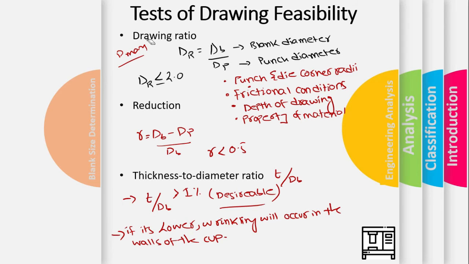The same case here: these three factors are for a single step. In a single step of drawing the drawing ratio shouldn't be more than 2, the reduction ratio should be less than 0.5, and the thickness to diameter ratio should be greater than 1%. If we desire a product which exceeds these limits, we should perform that operation in multiple steps.